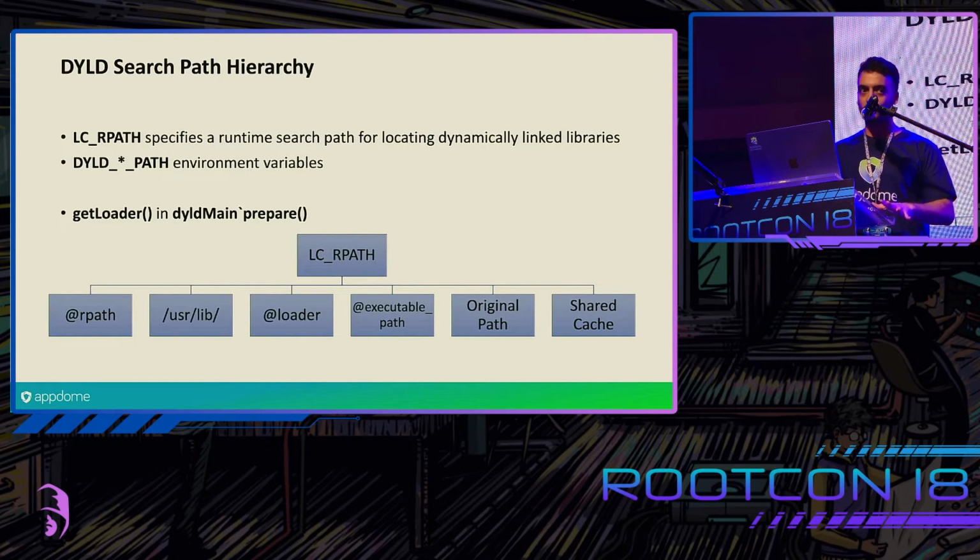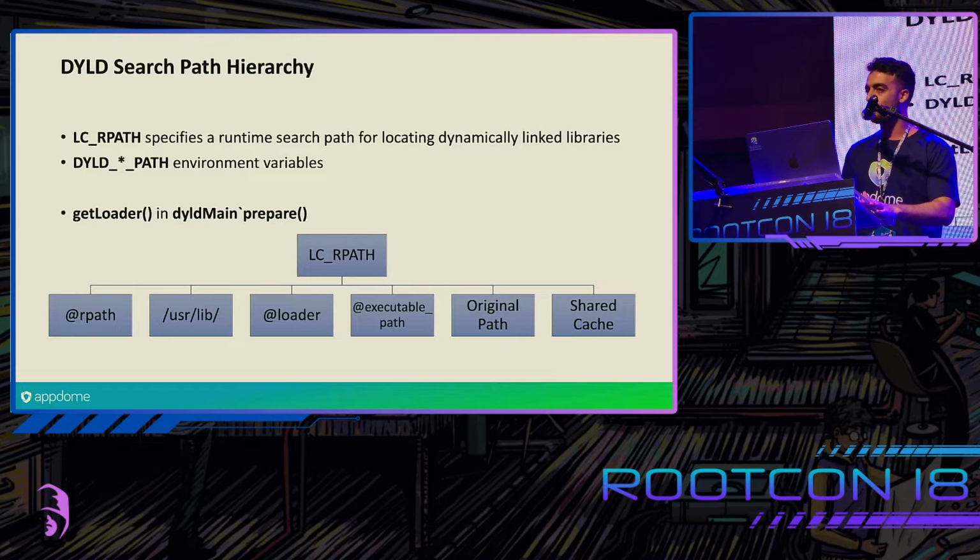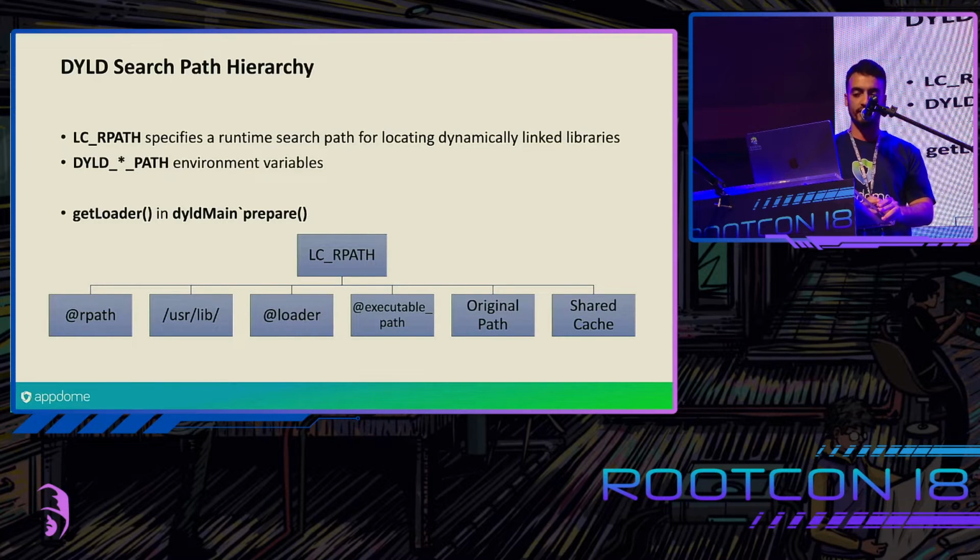But it can be a hard-coded full path or a relative one, like @executable_path or @rpath. The @executable_path points to the actual application bundle folder, and the @rpath points to the LC_RPATH load command, which specifies a runtime search path for locating dynamically linked libraries.